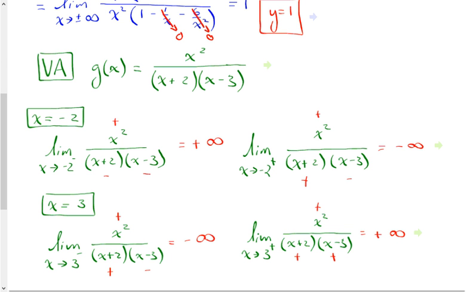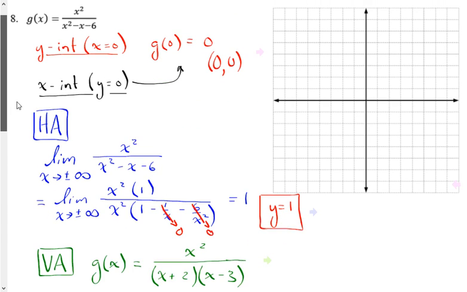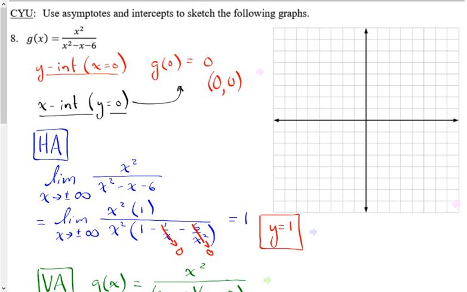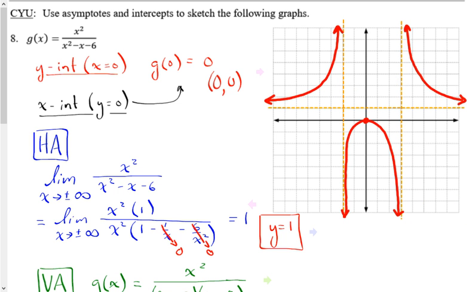As I approach -2 from the left, my graph goes up. From the right, my graph goes down. Approaching 3, it's going down on the left, so this one's going to be a different shape than our previous graph, and up on the right side. So hopefully we ended up with a graph that looks like this.